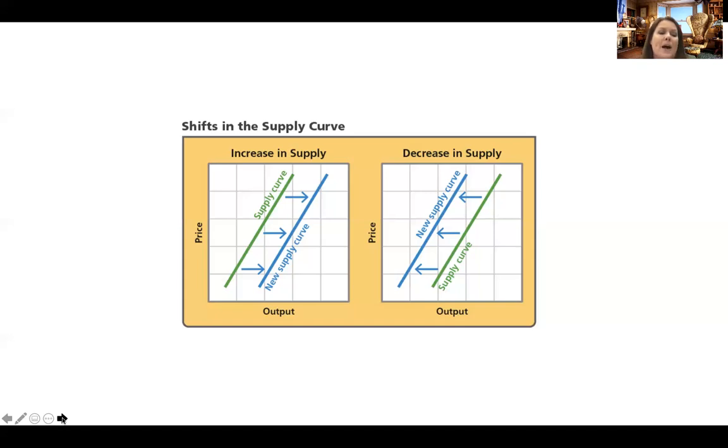So if the supply of the rare metal is cut off, what is that going to do? It's going to cause a decrease in supply. So that's going to be the one on the left. It's going to shift back, and that's also going to make price go up, okay? So the supply curve is going to shift to the left.